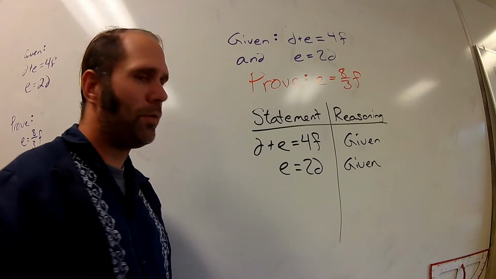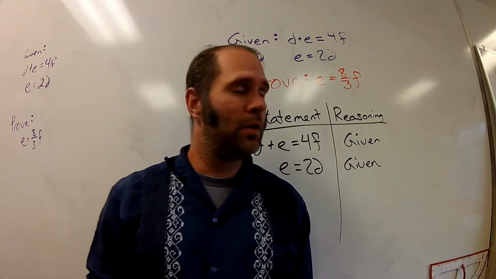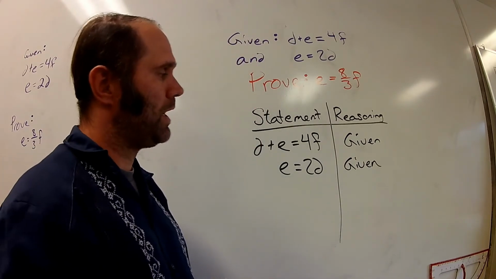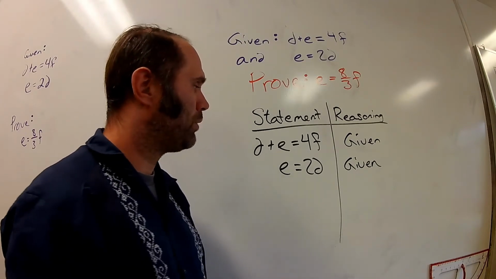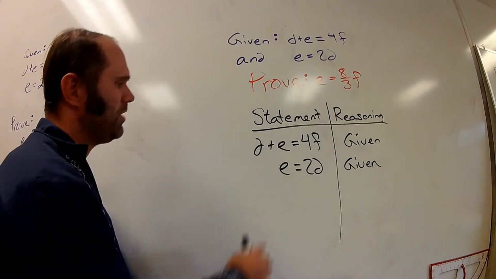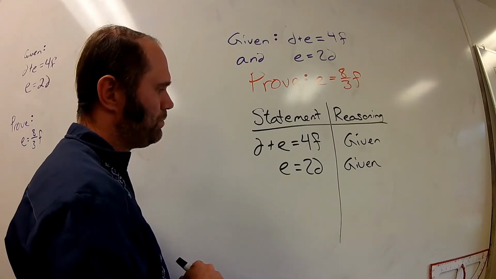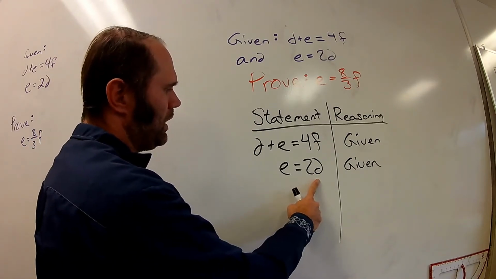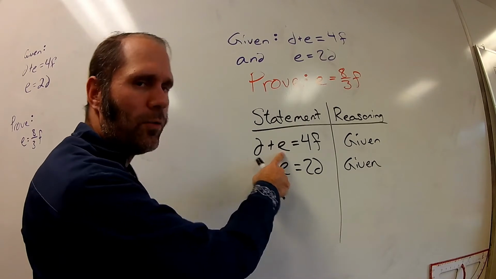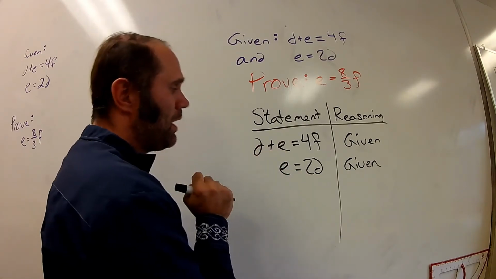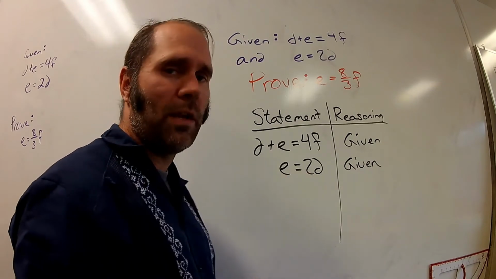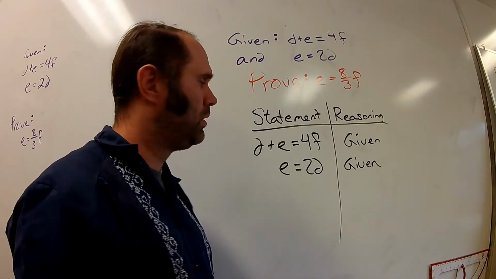So generally our proofs are going to be about pictures. This is more of an algebraic one, but I think this is a good start to seeing how proofs work. So notice E equals 2D. If E equals 2D, does E equal 2D up here as well? And I would claim yes. If we are to assume E equals 2D, then it must always equal 2D.